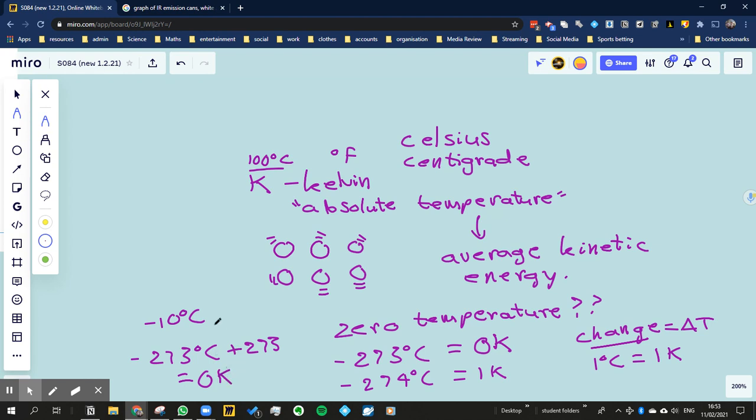So whenever you want to convert degrees C into Kelvin, you just add 273. Once again, the reason why we do this is because the definition of temperature should be when there's no movement at all.